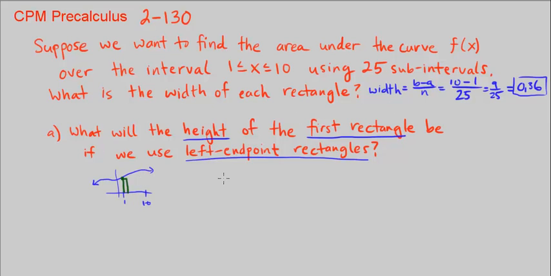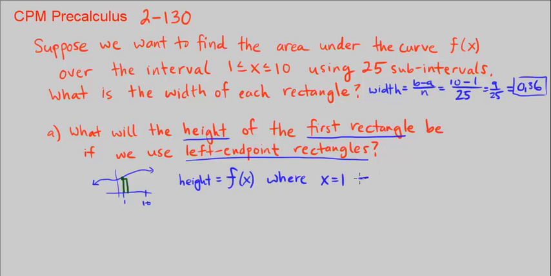Since we don't know what our function is, we have to answer this in terms of f. So the height is equal to our function f of x, where x equals 1, because x equals 1 gives us the height of our function.